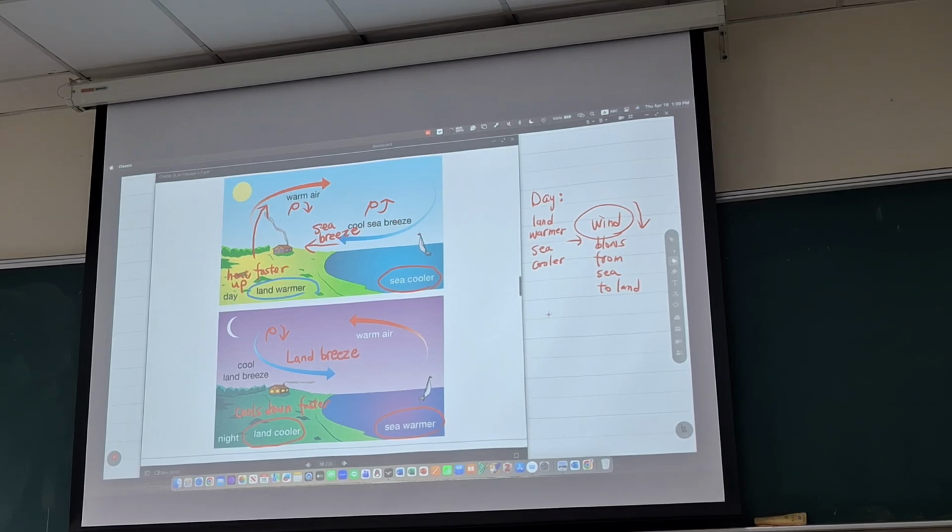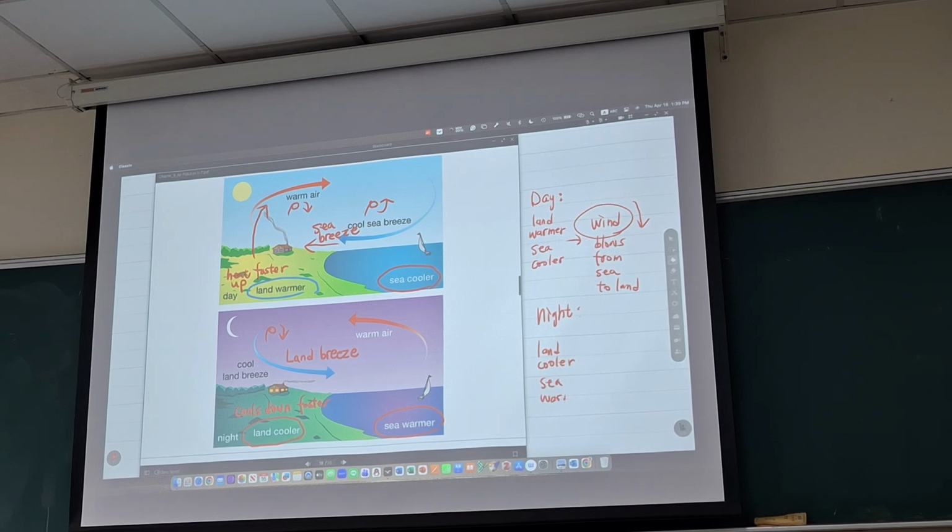And in opposite, during the night time, the land is cooler and the sea will be warmer.